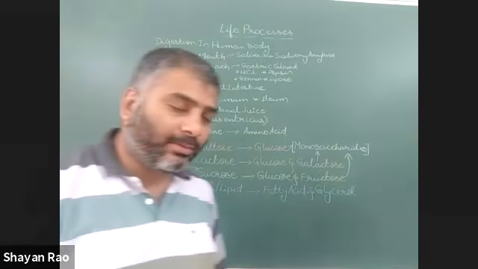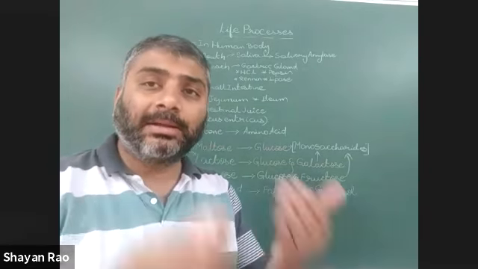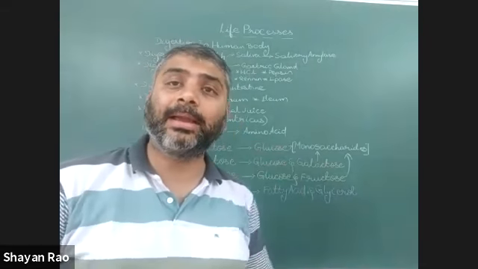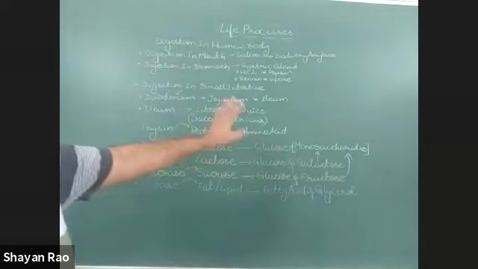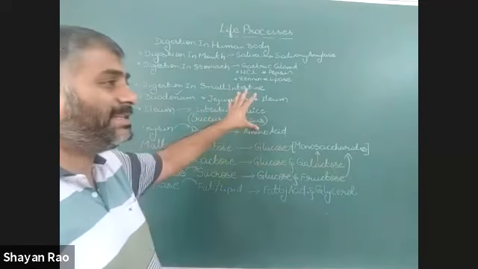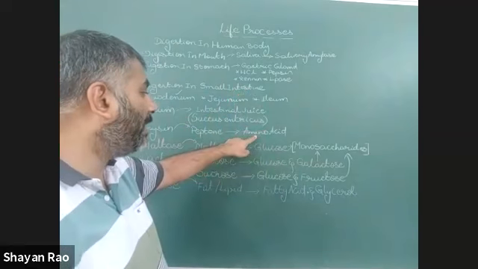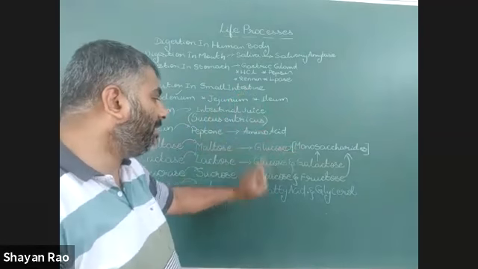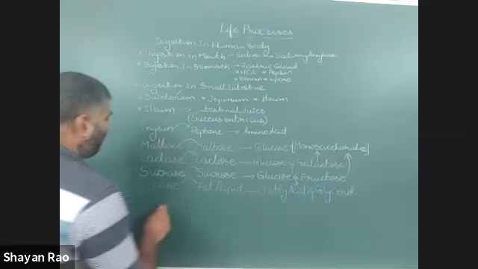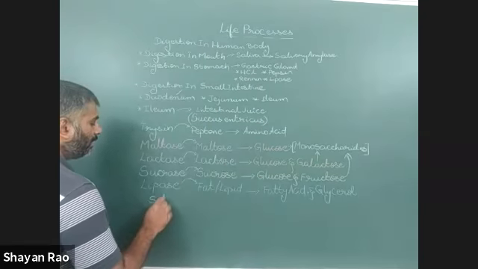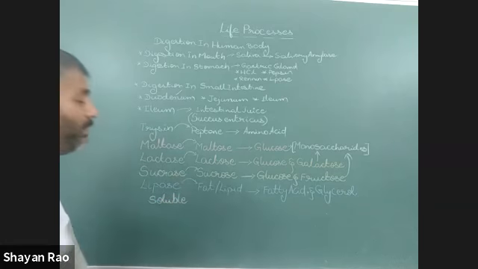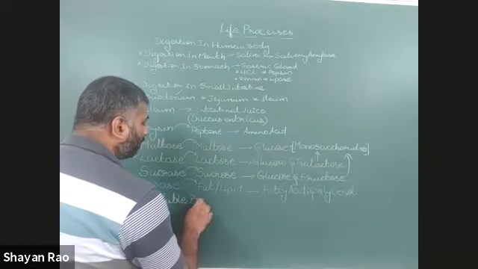These are the ones which readily enter your cells and have the capacity of providing energy. So all these food molecules, be it amino acids, monosaccharides, fatty acids, and glycerol, are considered soluble products.